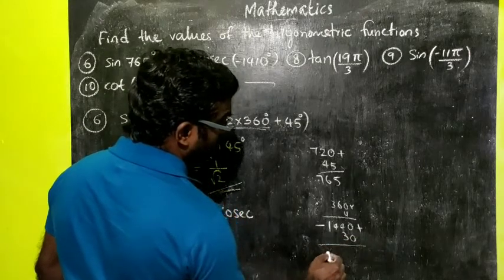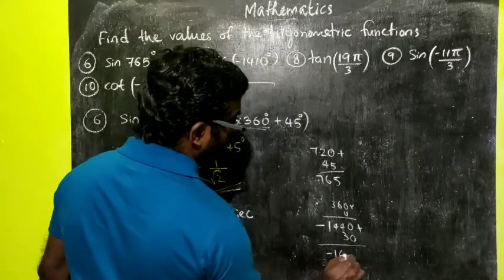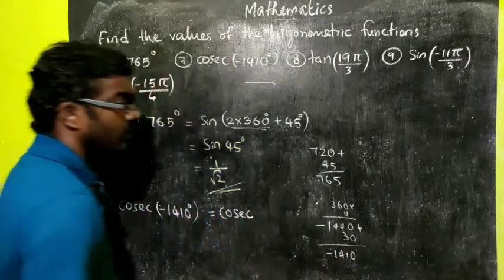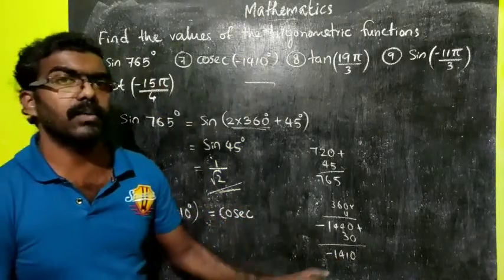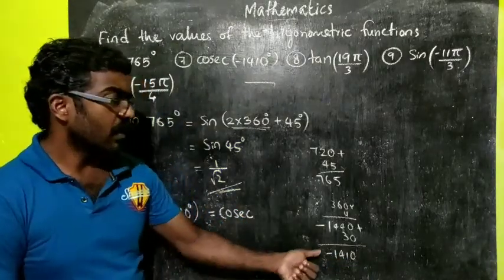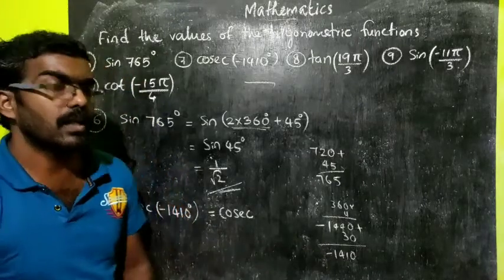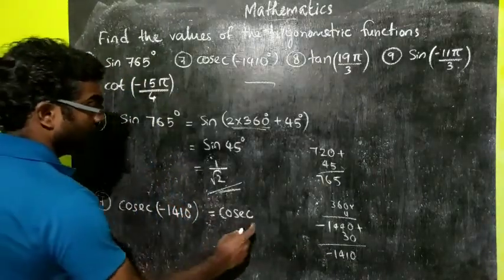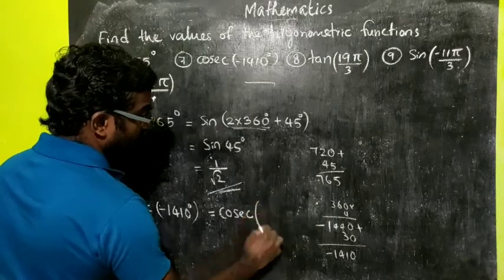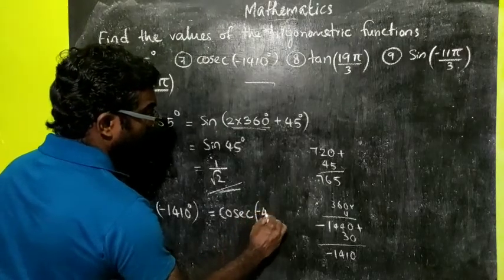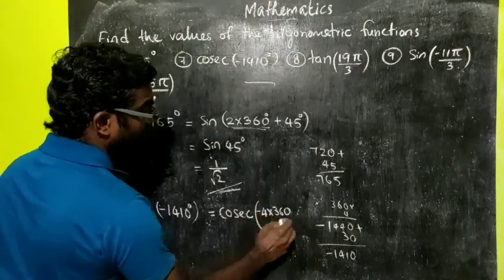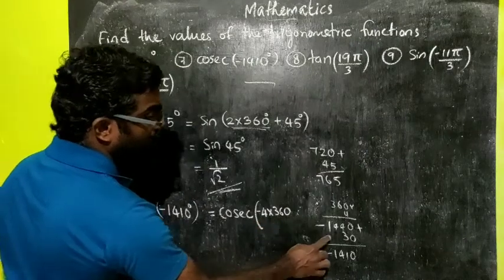So we can take minus 1440 plus 30. And this will be equal to what? Minus 1410. Subtract small from large and put the sign of the large number. So here it is minus 1410. So we can write minus 4 into 360. Minus 4 into 360 is what?